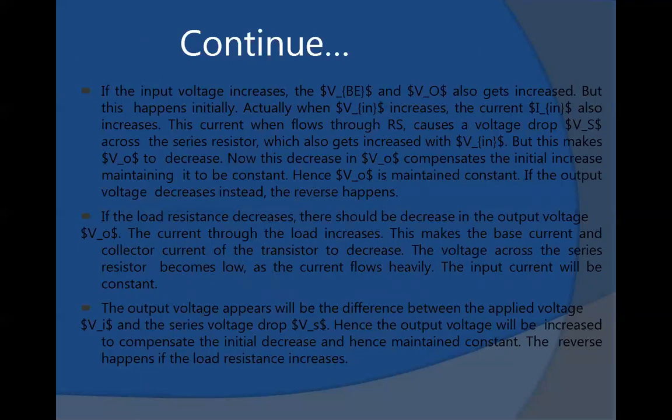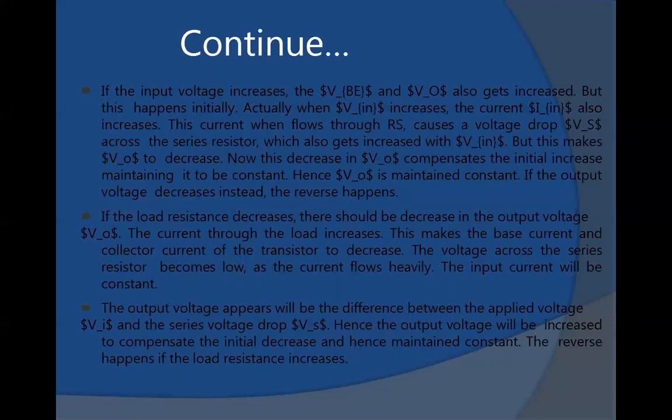This current, when it flows through RS, causes a voltage drop across the series resistor, which also increases with the input voltage, but this makes the output voltage decrease. This decrease in output voltage compensates for the initial increase, maintaining it constant. Hence, the output voltage is maintained constant.